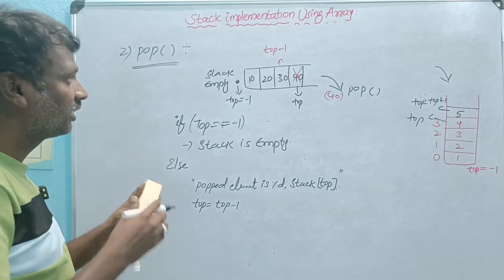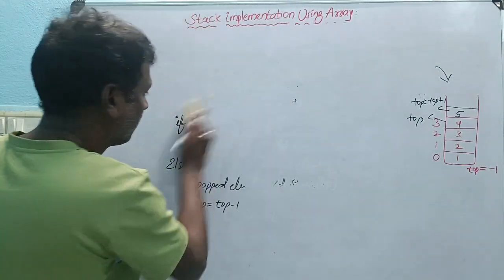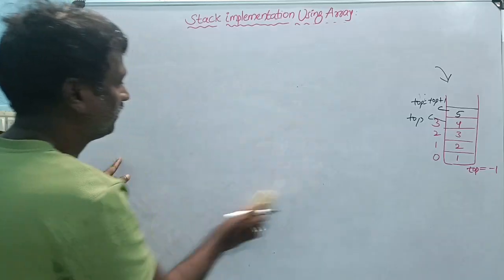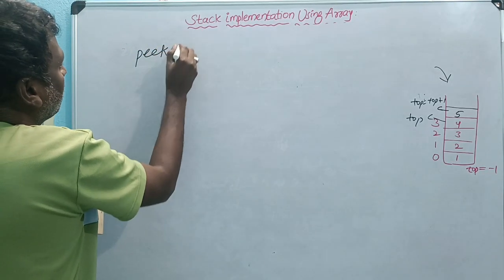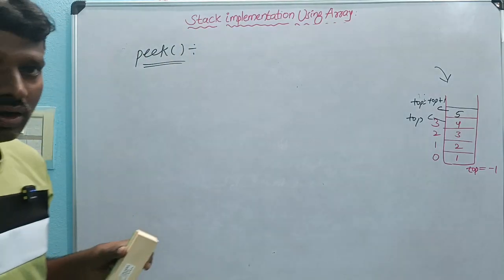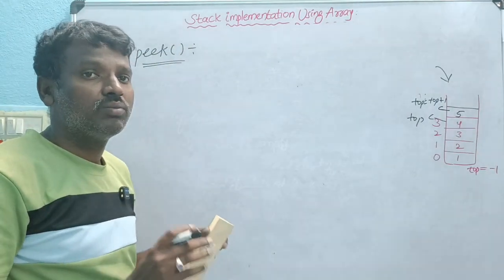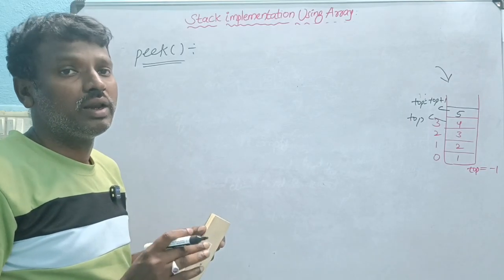So next, what is the next operation? Peek operation. Third one, peek. In this operation, we are finding the top element in our stack using the array method.